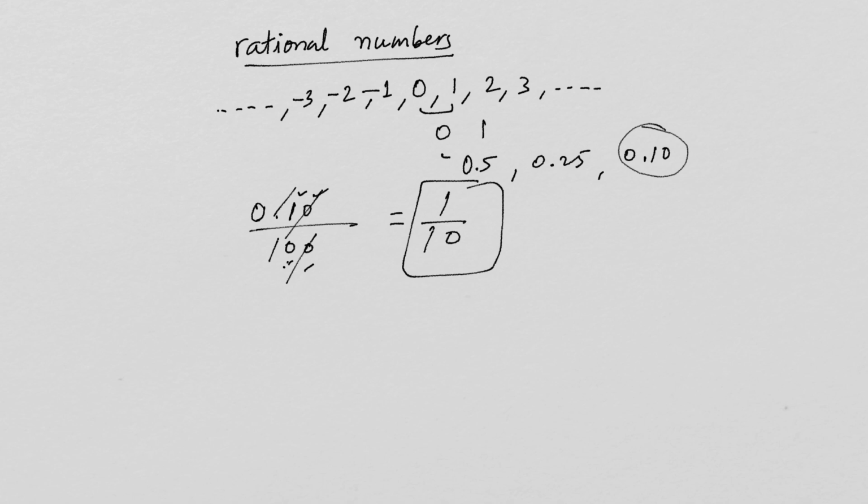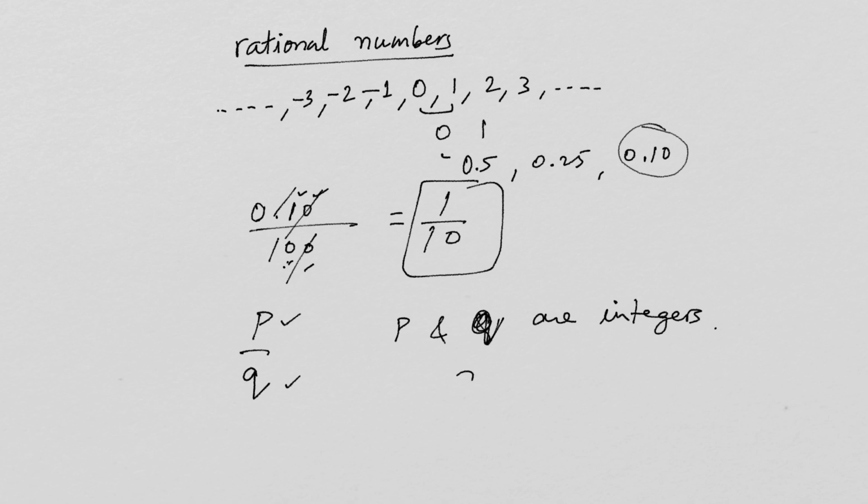A number written in this form, like a ratio, by definition we call a number written in the form P by Q, where P and Q are nothing but integers.